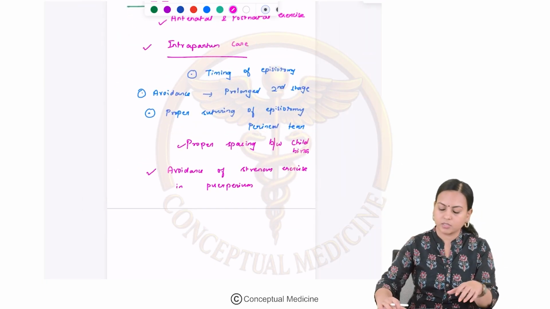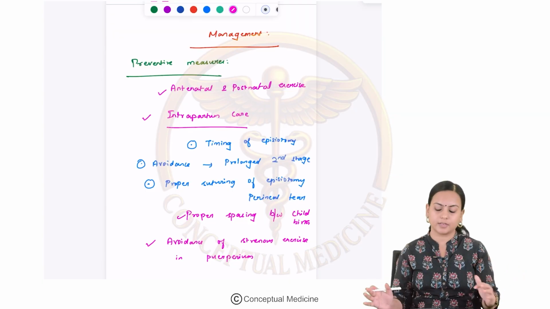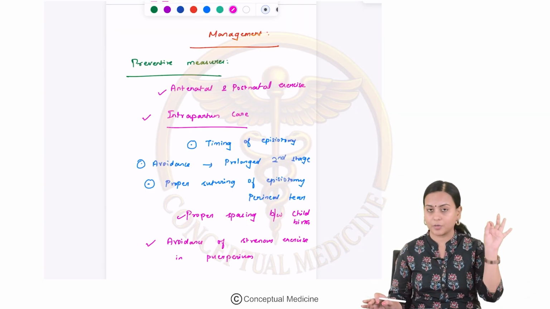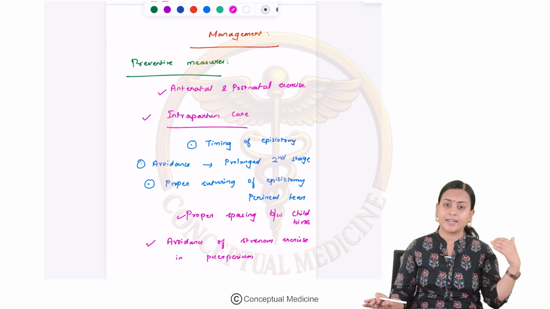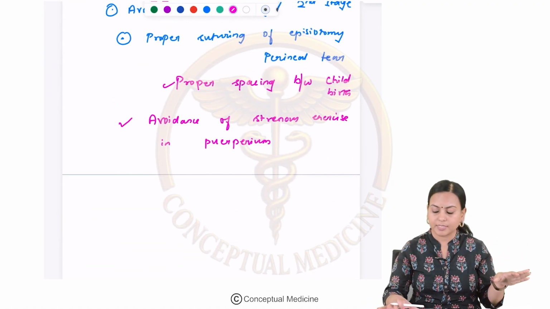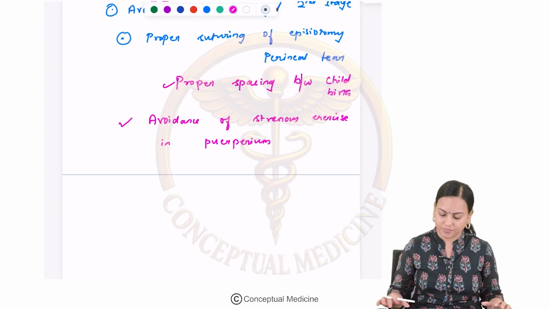Okay. So, these are the preventive measures you will advise. We have to advise them on antenatal and postnatal regular exercises. Intrapartum care should be perfect, that is the timing of episiotomy, the suturing, and you should avoid prolonged second stage, and there should be proper spacing between the childbirth and avoidance of strenuous exercise in the puerperium. Clear?